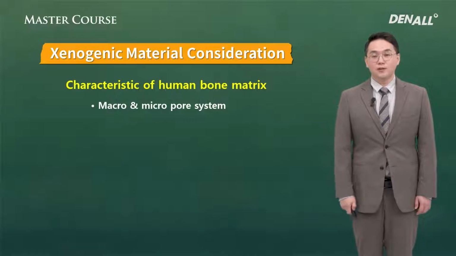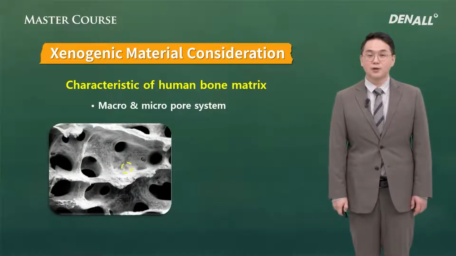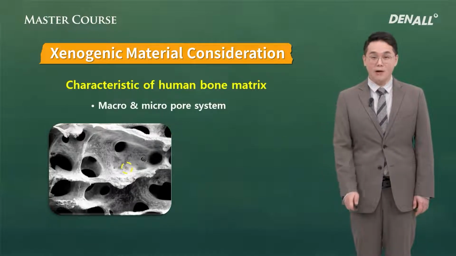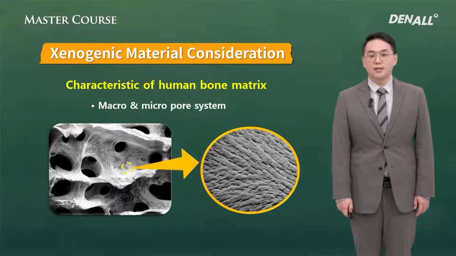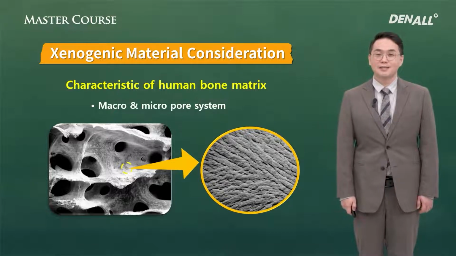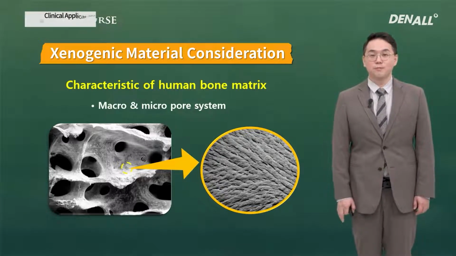Let's look at the cancellous bone of a human. 65% of it is pores, so it has a macro and micro pore system. If you look at it closely, it looks rough like the surface of an implant. Osteoblasts like the rough surface, therefore all implant companies try to produce a roughness similar to the human cancellous bone.